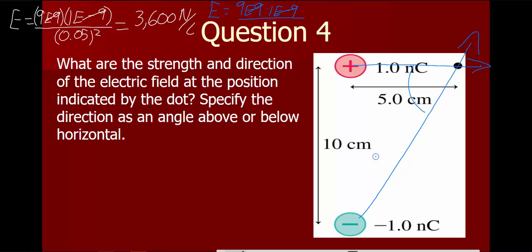But the distance, in this case, what's the distance? It's not 1 and it's not 10. Pythagorean theorem. I'm going to write it as 5 squared plus 10 squared. What does it come out to be?